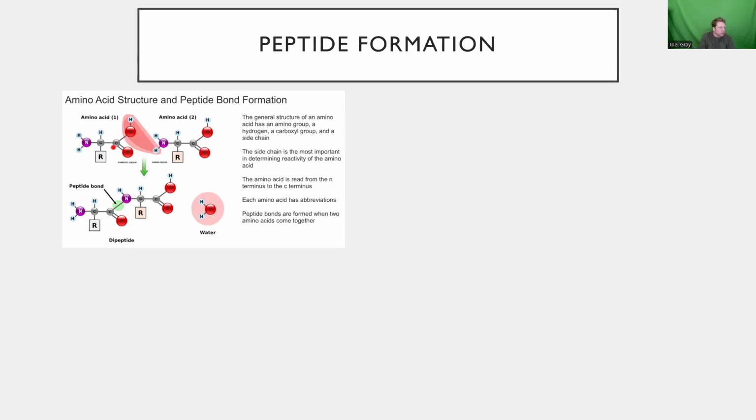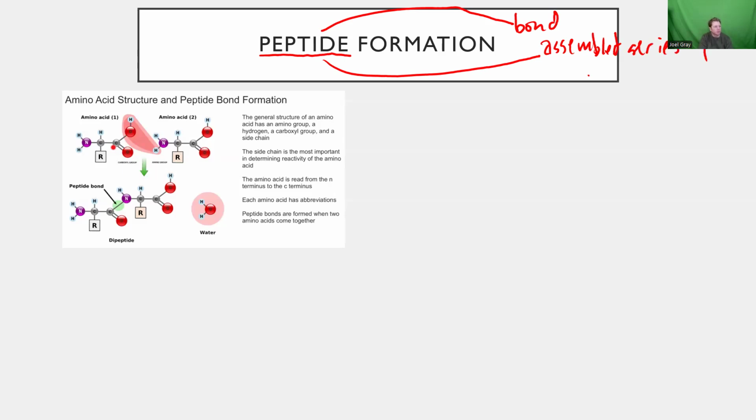But that term peptide is really just the bond. It's a type of bond, and a peptide is also an assembled series of amino acids.